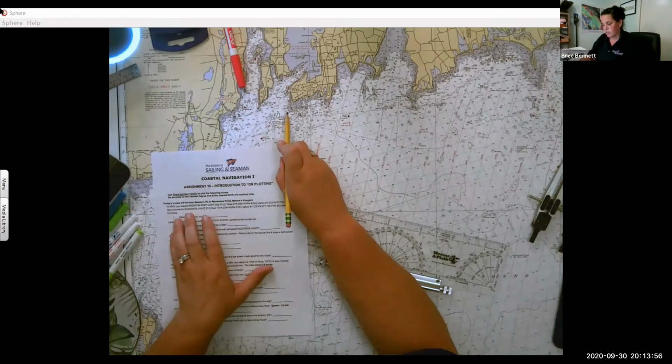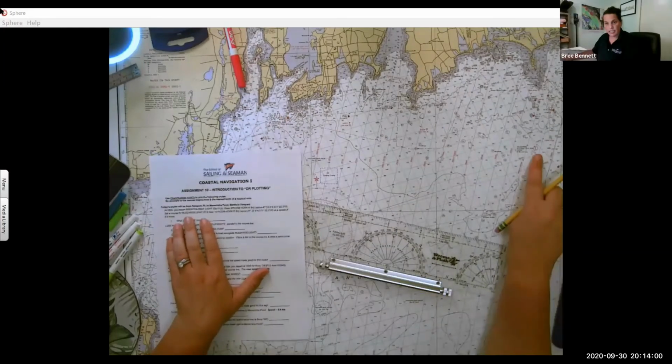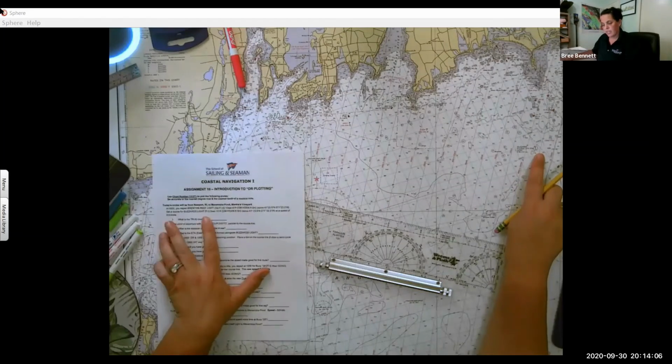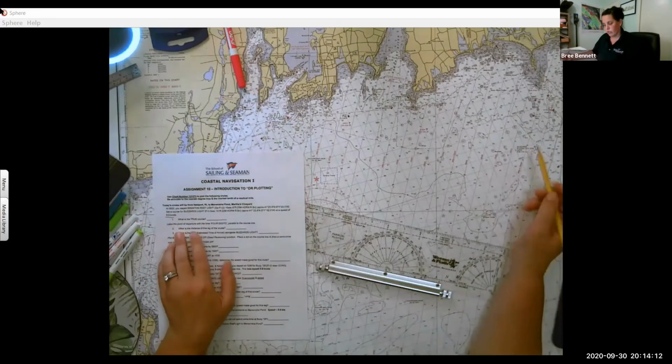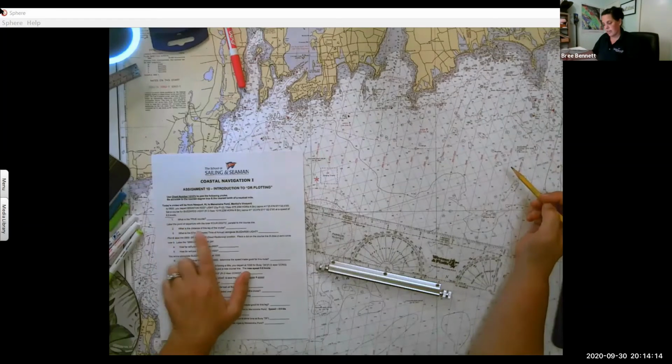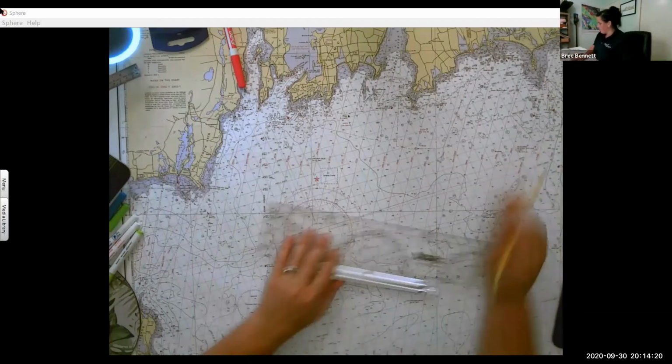You set a course for Buzzard's light. Buzzard's light is here. So we're going to set a course to Buzzard's light at a speed of 6.5 knots. We're going to plot our true course, and then we're going to plot in our DR lines. So I'm just going to put that to the side.